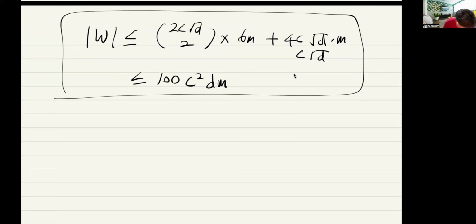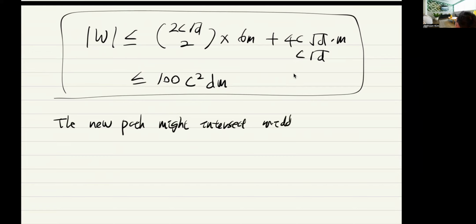And while you're doing that, we make sure that our new path will never intersect W. Then the new path that we take might intersect a middle vertex of some unit.